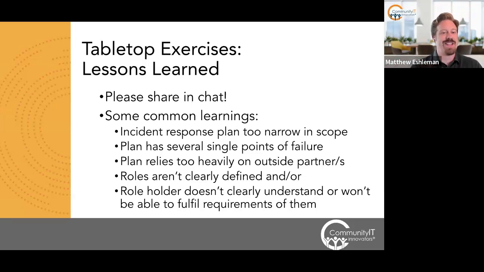As Carolyn connected the dots there, often the incident response plans have lots of single points of failure. Like there's one contact, the office manager or the operations director, who does everything.